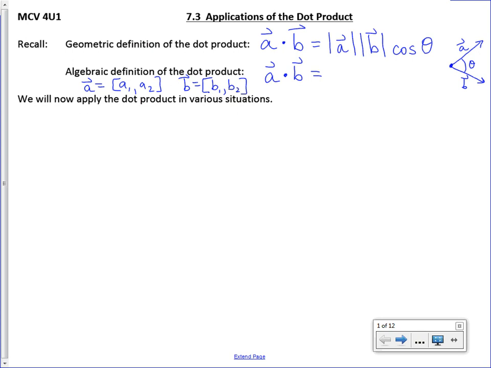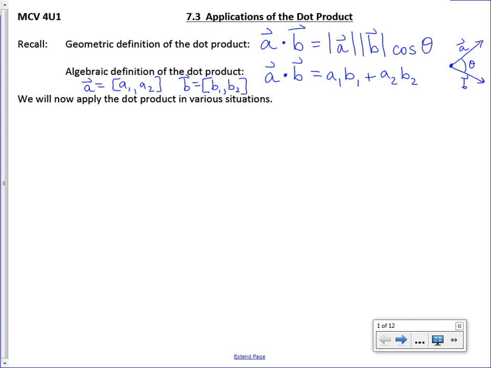If that's what you have as vector A and B, then the dot product is, if you remember, you take the x coordinates, the A1 and the B1, and multiply them: A1, B1. And then you add the product of the y coordinates, A2, B2.